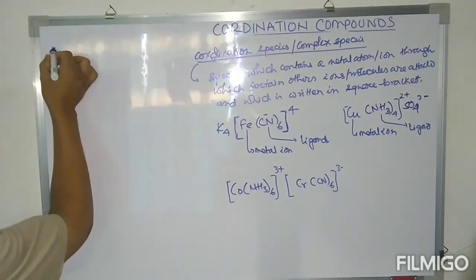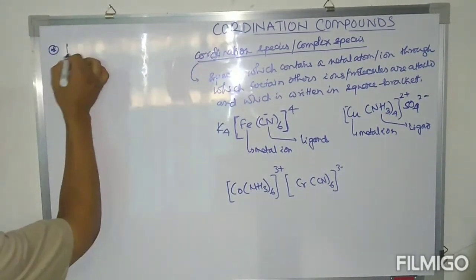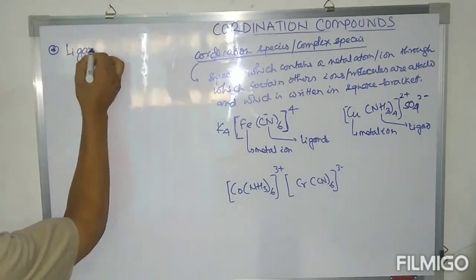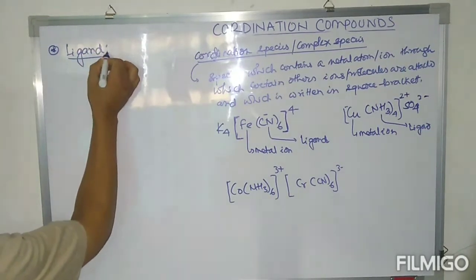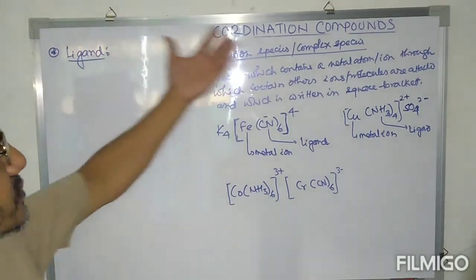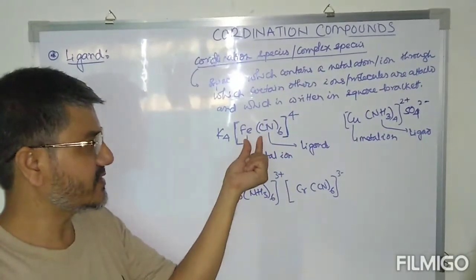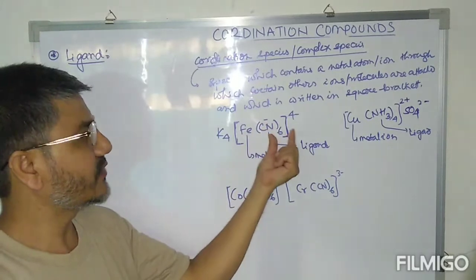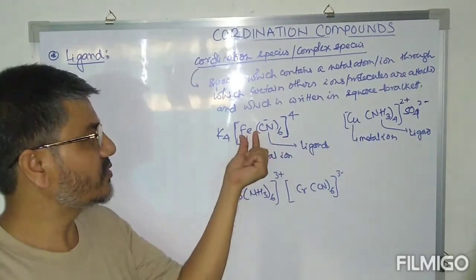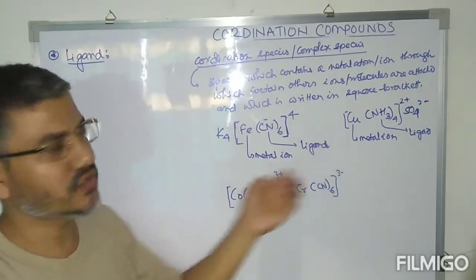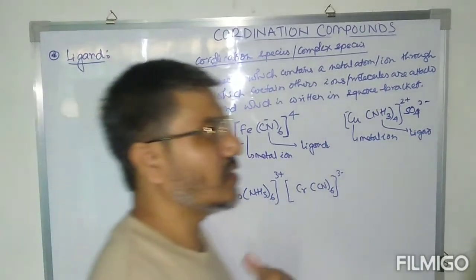Then we have a term which is known as ligand. Now we have to define this term ligand, because while defining the coordination species we already used the term. We have a central metal atom or ion and we have ligands. Ligands are firmly bonded to the central metal atom or ion. So let's define what a ligand is.